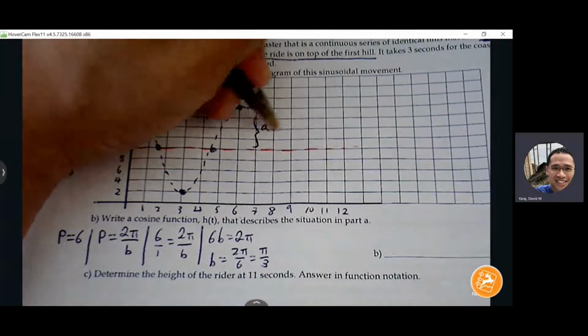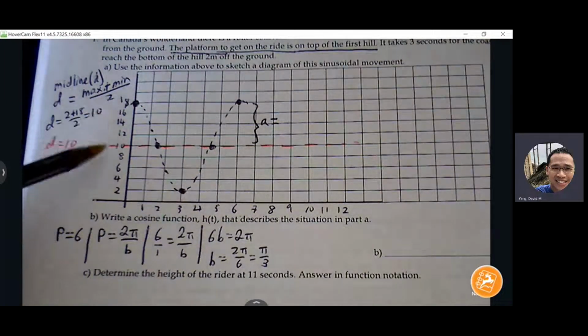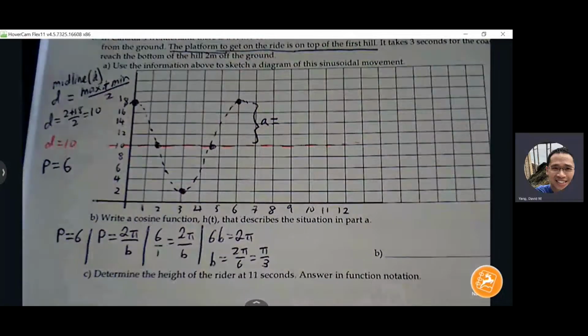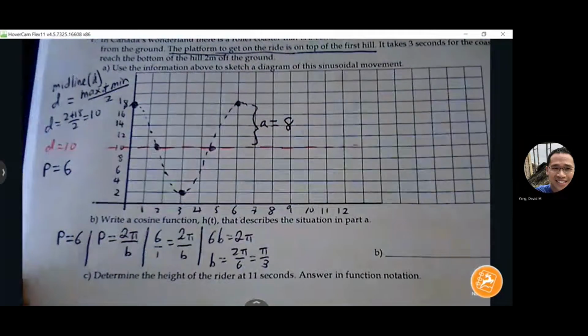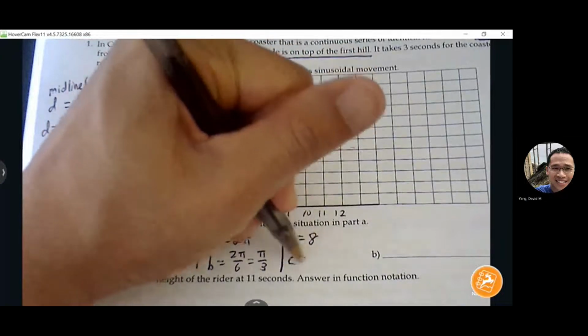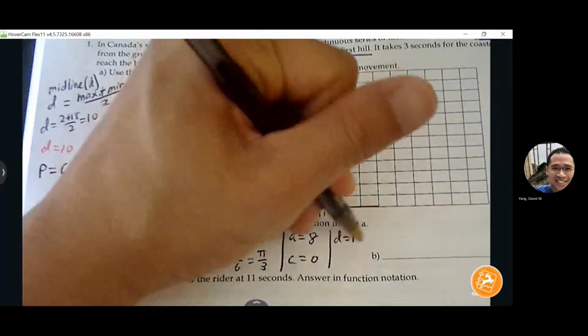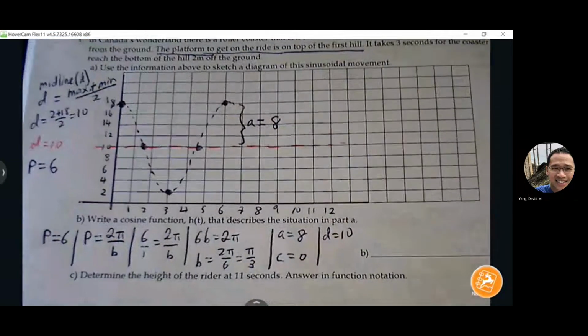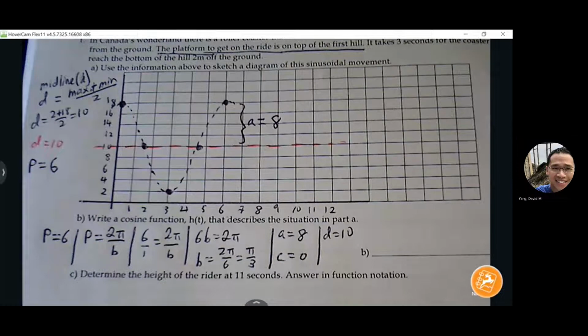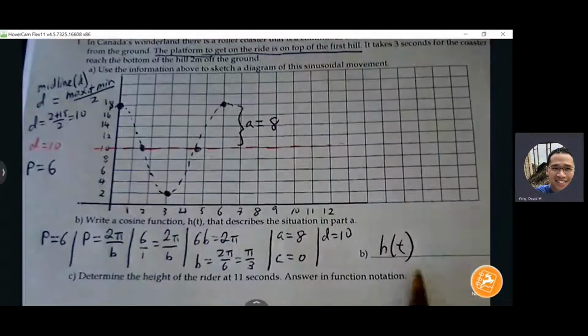Okay, what's our A value? 8, yep. Peak minus the midline. 18 minus 10. Okay, you can name your function anything you want.